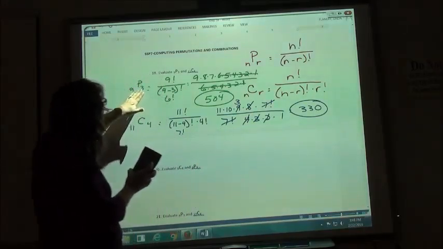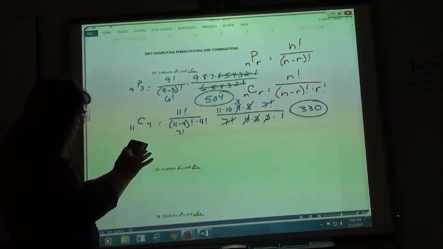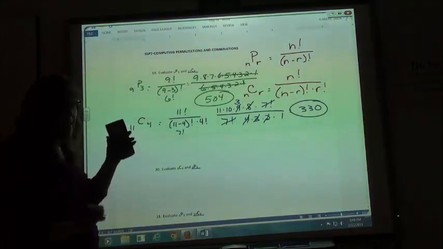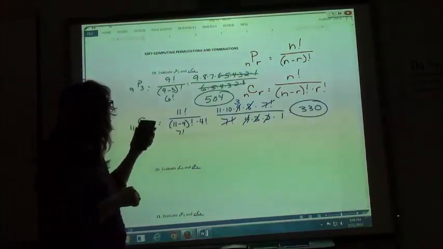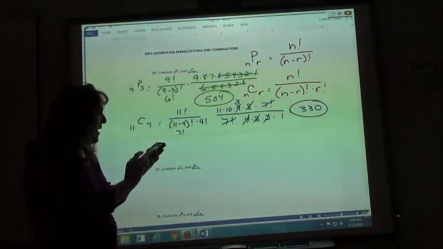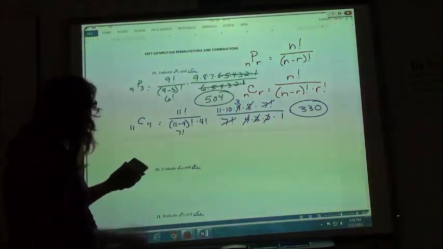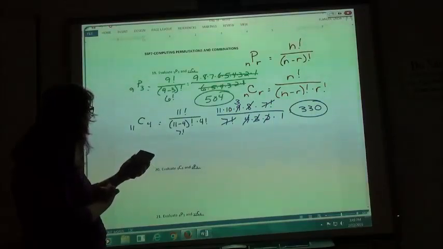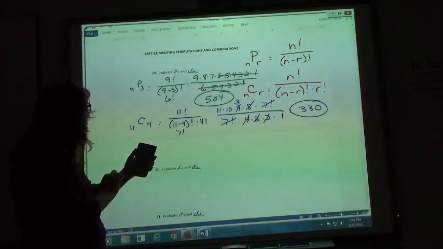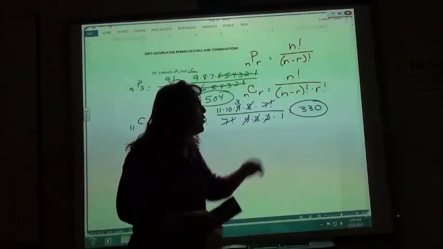So if I were doing this permutation, I'm going to put 9, shift, the nCr key, but it really puts the P in there because the shift gives me the one above it. So 9P3, if I hit equals, I get 504. If I'm doing the combination, 11, just the nCr key, which gives you the C on your screen. So 11C4 gives me 330.